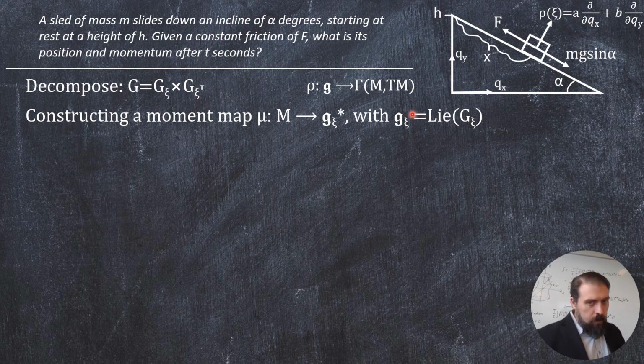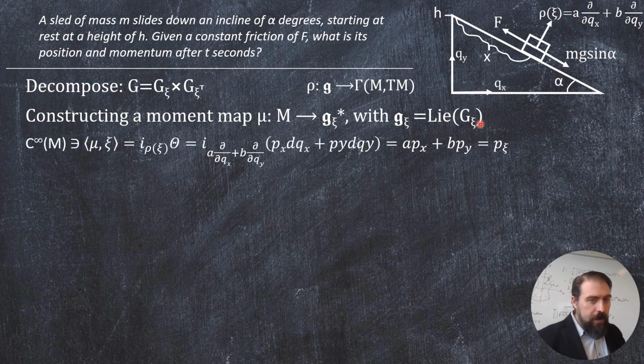And G subscript psi is the Lie group of the Lie algebra capital G subscript psi. And if I pair this mu with psi, that's just a function on the manifold, and I can create these moment maps with a very, very common technique that's very, very handy.